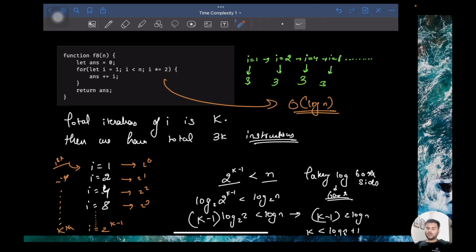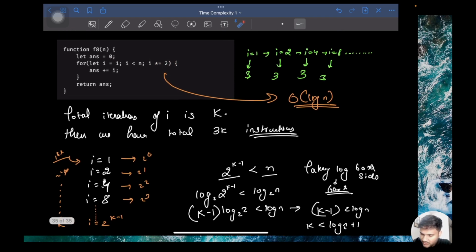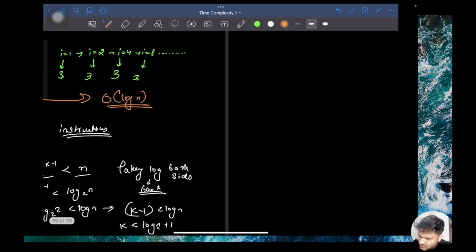Now you can see we were not able to just directly derive that there are n iterations. No. We saw that it's not i plus plus or i plus equals 1. It is a multiplication of 2. If it is a multiplication of 2, just think about it. If you are doing i plus 1 or you are doing i into 2, this i into 2 is going to reach n faster, right? Let's say there are two players.